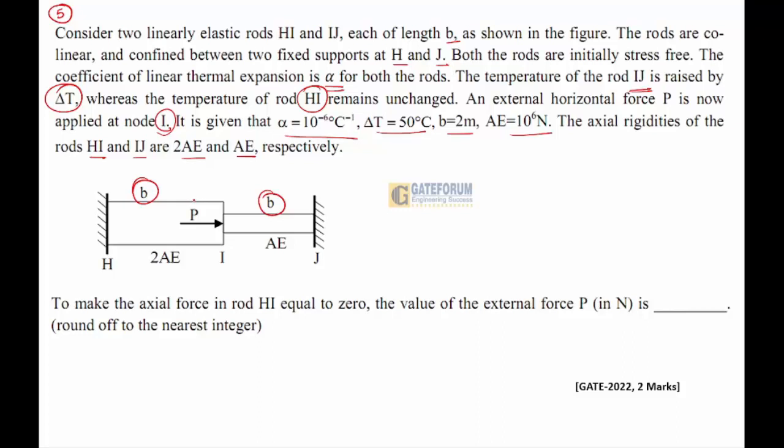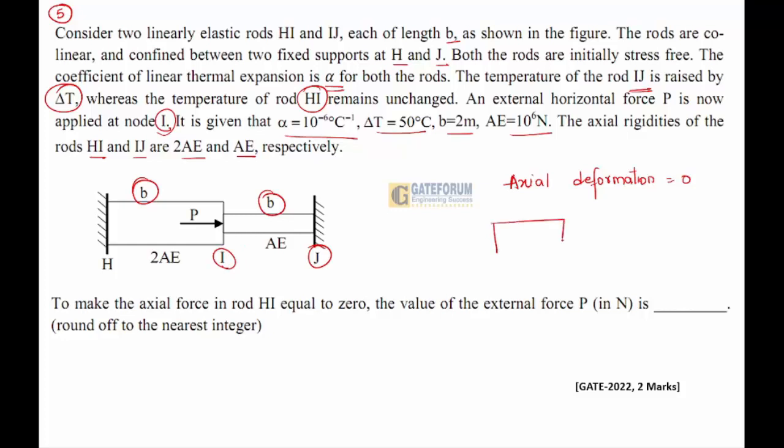For axial force to be 0 in rod HI, axial deformation is how much? Axial deformation is 0. So P will be balancing the expansion in the rod IJ.